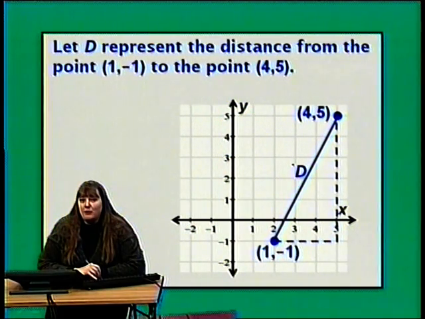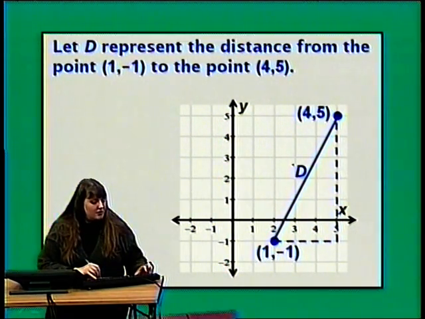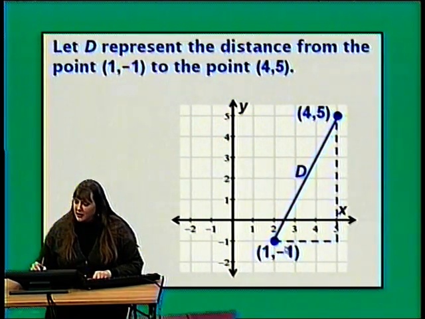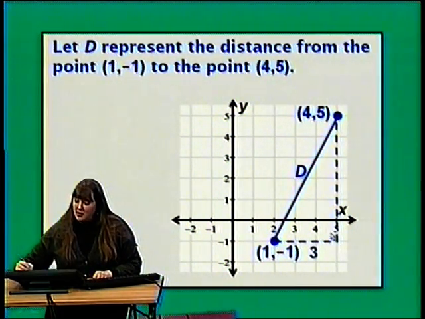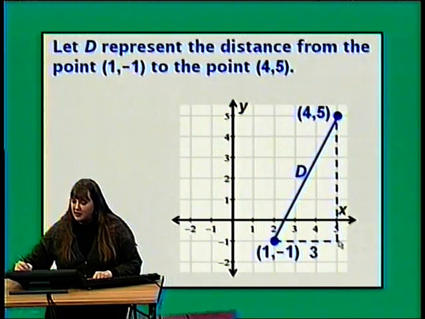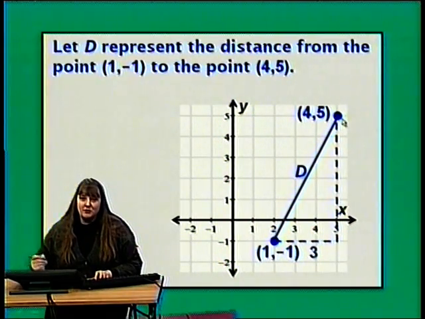If I let D represent the distance from the point 1, -1 to the point 4, 5, as shown on the diagram here, I can also look at the legs of this triangle. I know this bottom leg is going to have a length of 1, 2, 3 units, and this vertical leg is going to have a length of 1, 2, 3, 4, 5, 6 units.